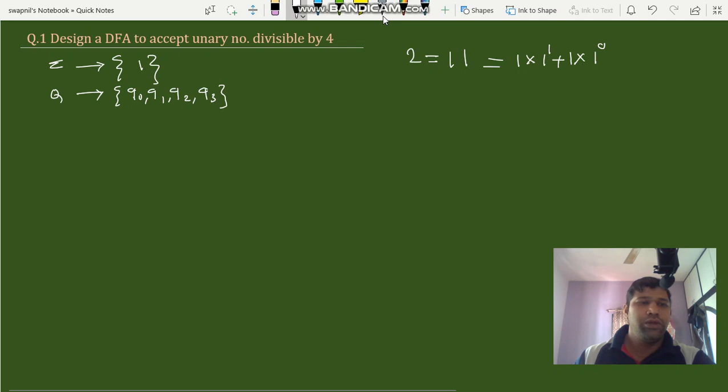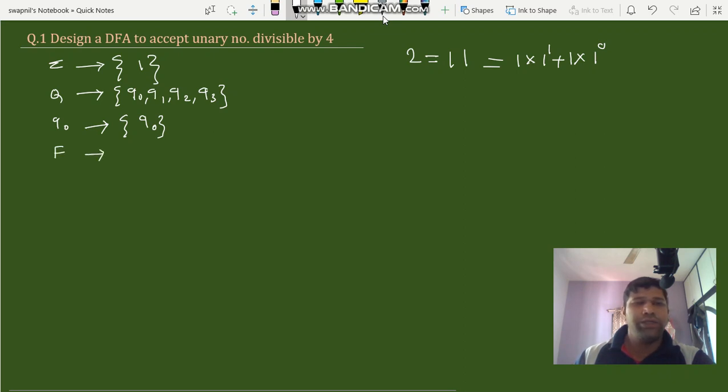Next, the initial state: we'll take q0 itself as the initial state and start from q0. Otherwise you can take an S and go from it to q0. The next is the final state.